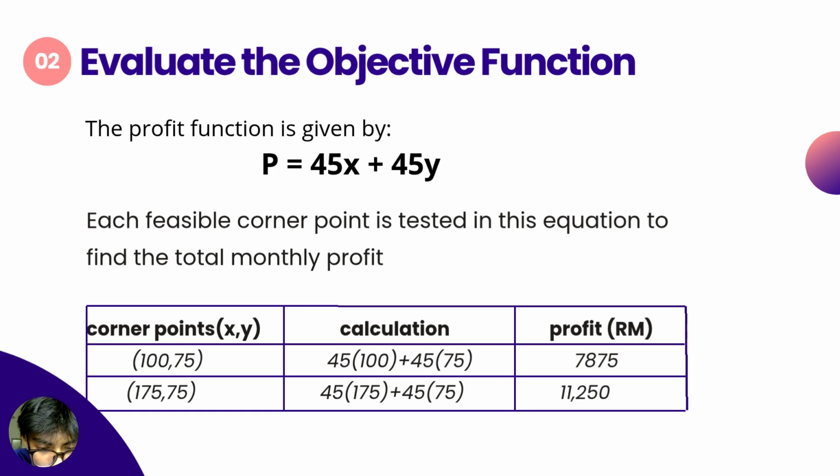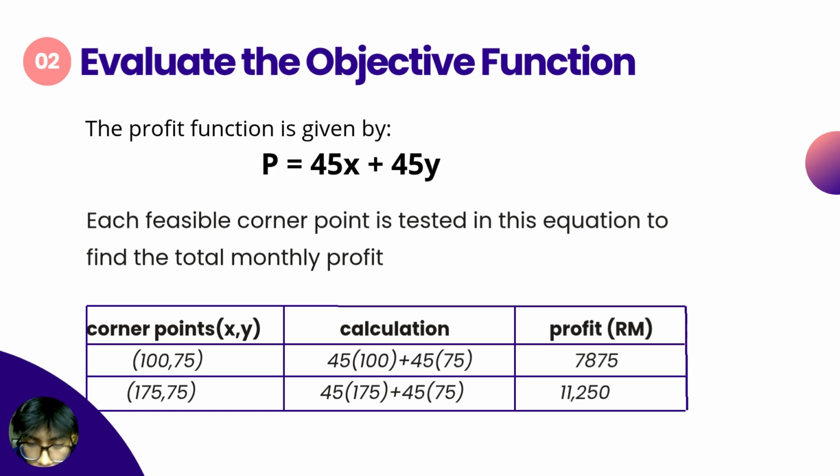Alright, let's look at number one. So our calculation here is 45. We insert the numbers into our equation, and then we get the profit, 7,875 ringgit. And after we insert the second coordinate into our profit function, we get 11,250 ringgit.